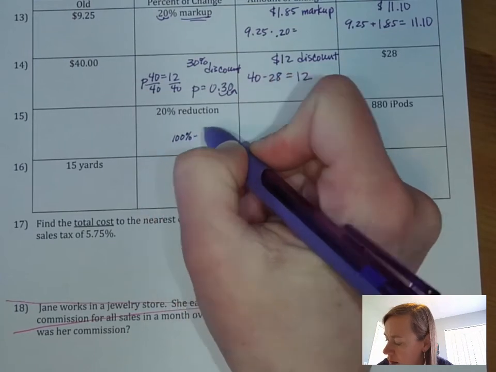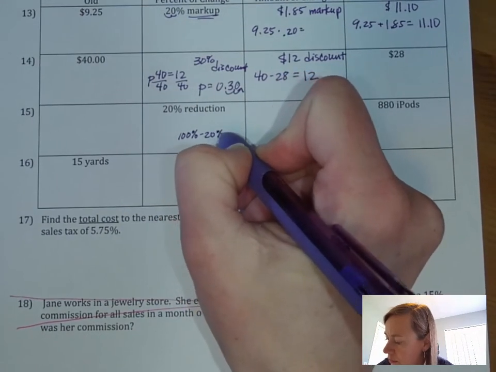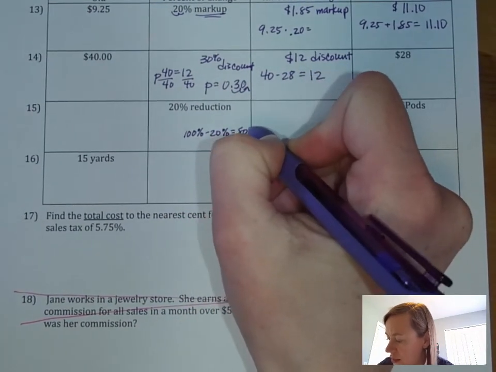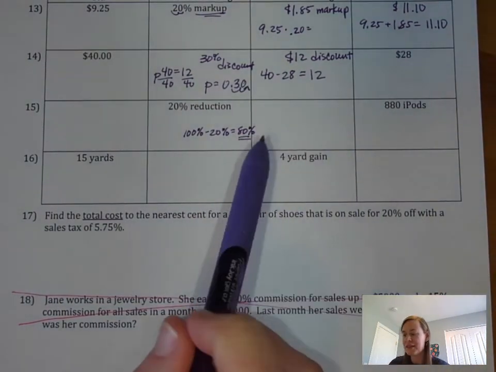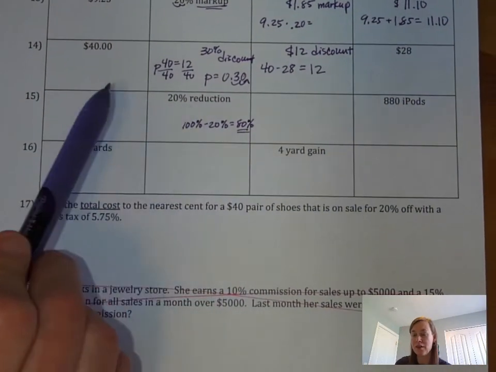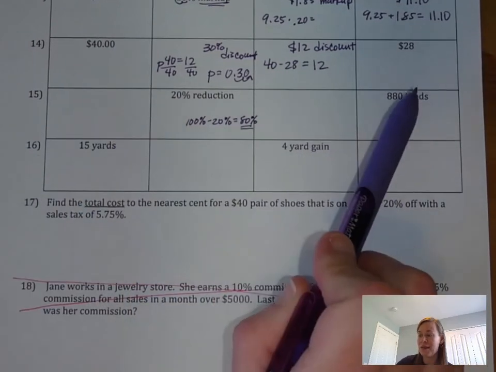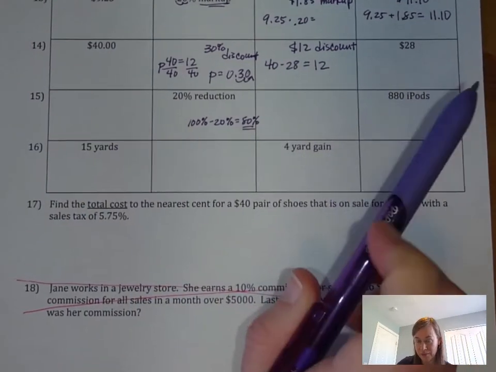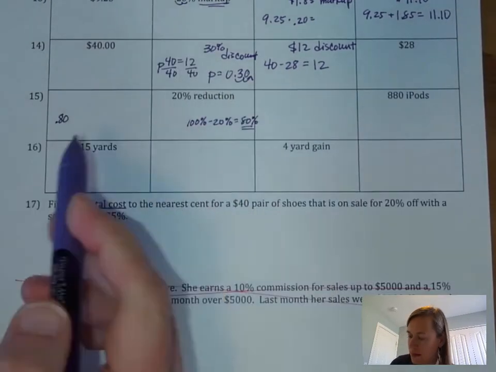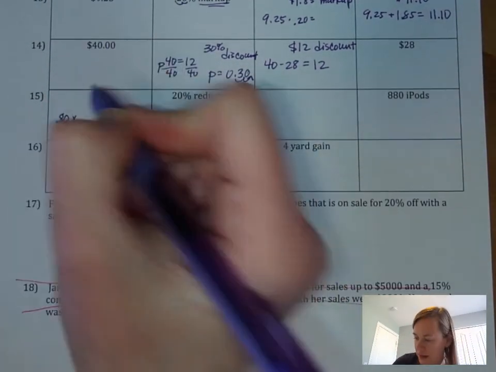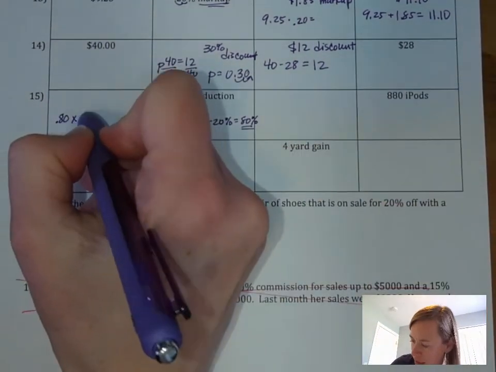100% minus 20% is going to equal 80%. So what does that tell us? It tells us that 80% of the original number equals this, okay? So 80%, I'm going to move my decimal and write 0.8, of this number, I'll just write x, equals 880.